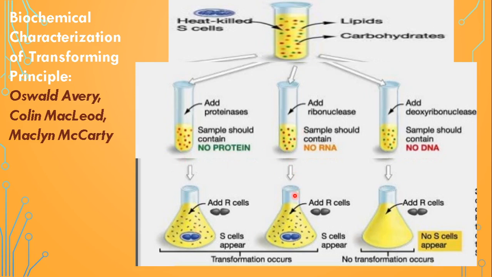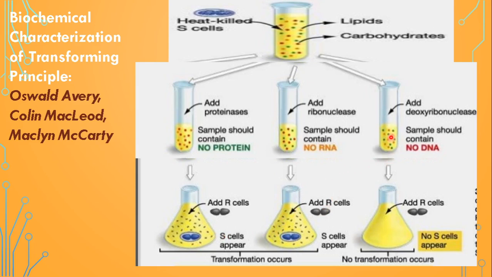The second sample did not have RNA, but both of them had DNA. The first one had DNA and RNA; the second one had protein and DNA. In both these cases, transformation was seen and the mice died.